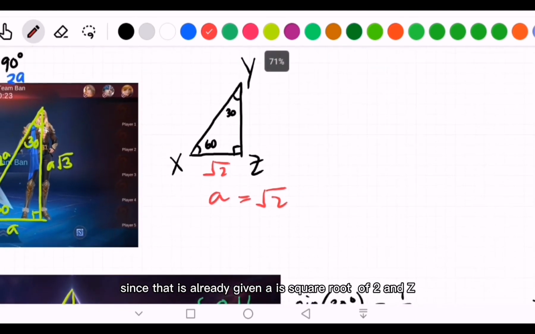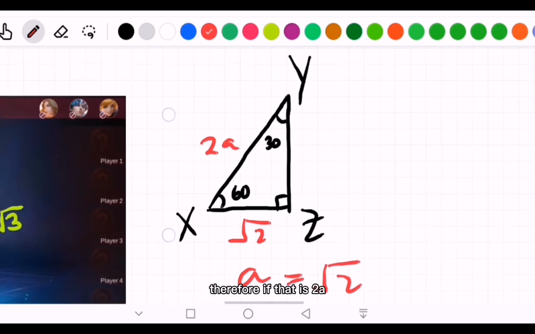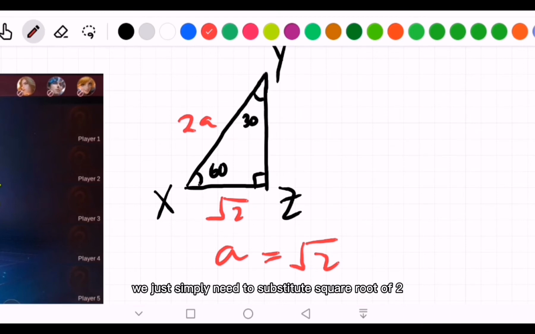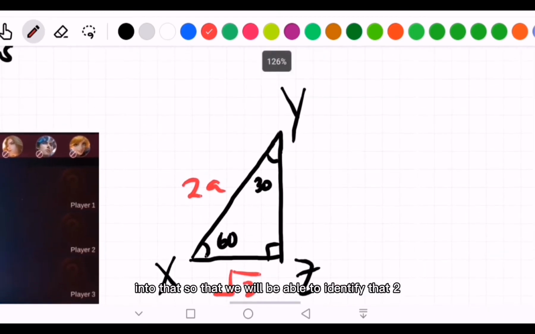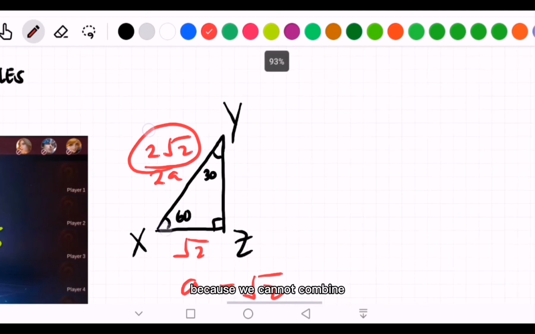And z has an opposite, which is the hypotenuse, with a proportion that is equal to 2a. Therefore, we just simply need to substitute the square root of 2 into that, so that 2 times the square root of 2 is simply 2 square root of 2, because we cannot combine a rational number with an irrational.